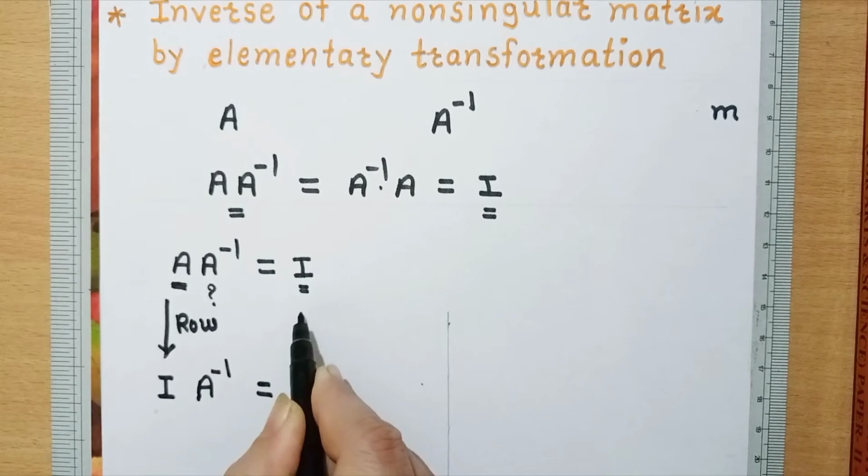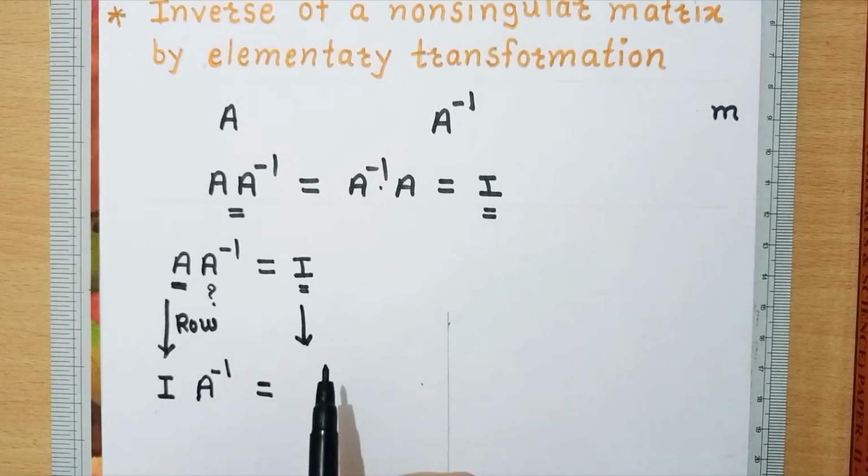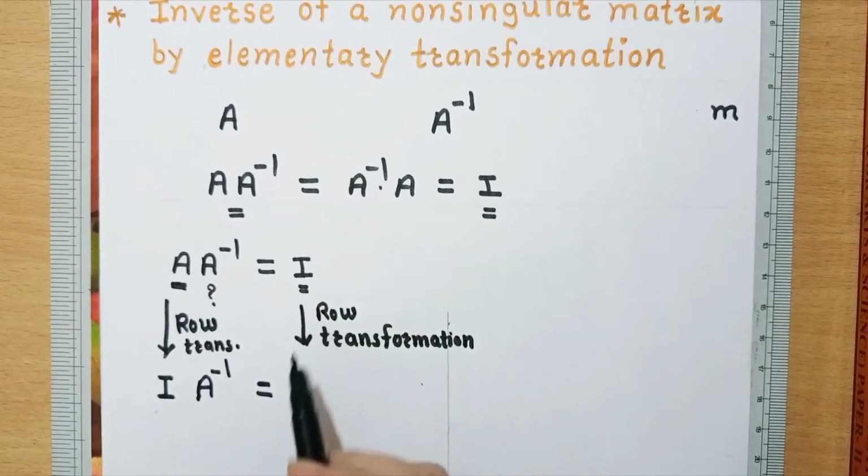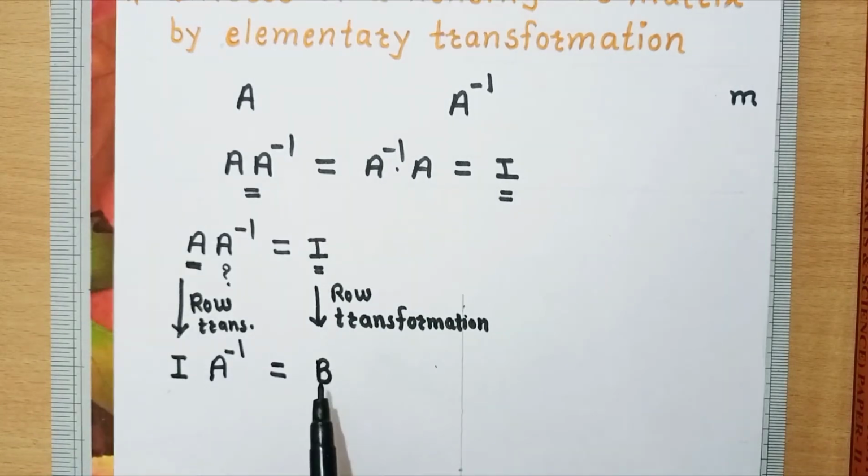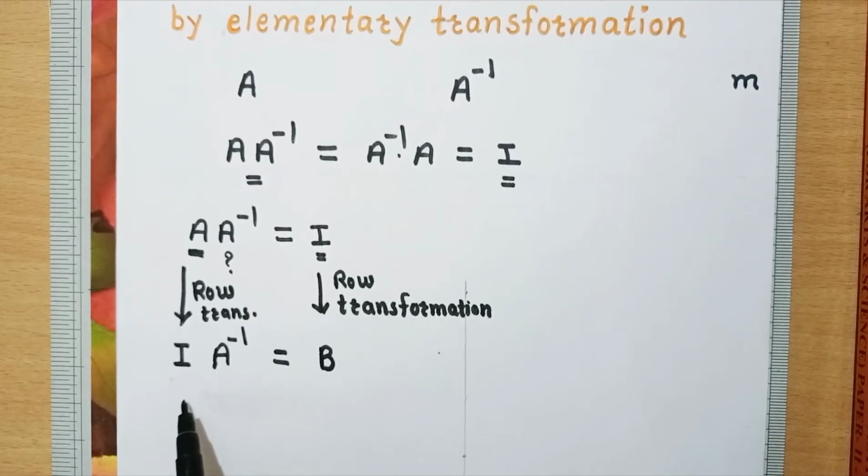And the same row transformation we will apply to this identity matrix. So we will get one new matrix. Let that new matrix be B. And so I times A inverse is equal to A inverse, so the inverse of A will be this B matrix.